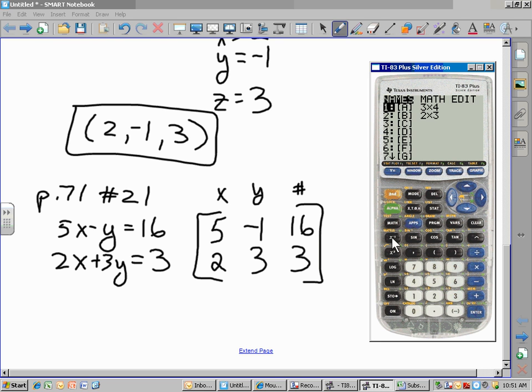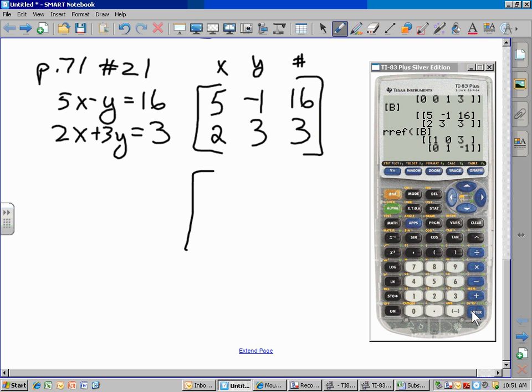So now we're going to do RREF on matrix B. Second matrix. Math. Scroll down to RREF. Second matrix. Under names, we're going to choose B. And then we hit enter. And this is the result. 1, 0, 3, 0, 1, negative 1.